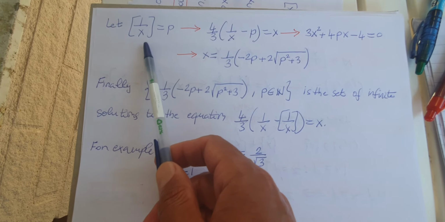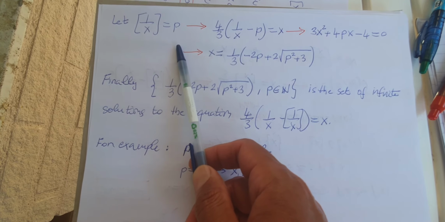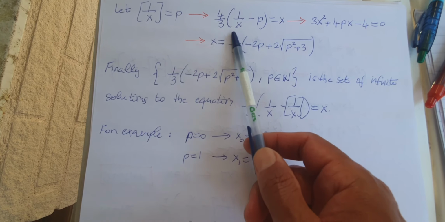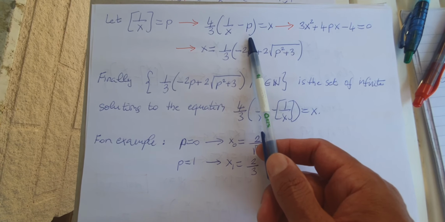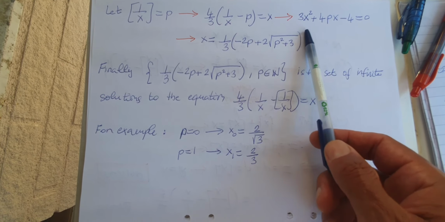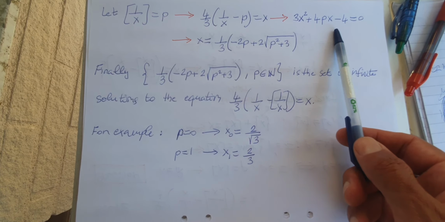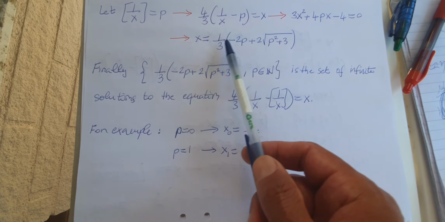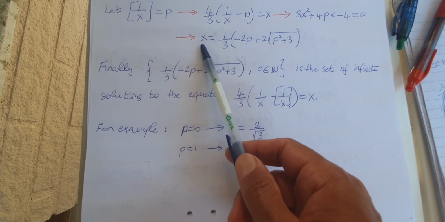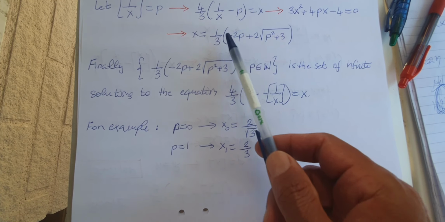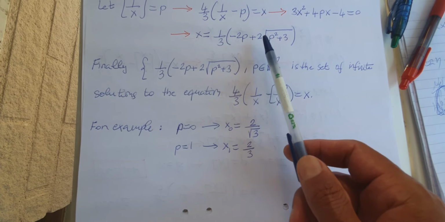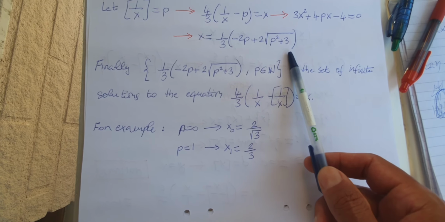By letting the integer part of 1 over x equal to p, the equation becomes like this. Then simplifying or rewriting, we get an equation of the second degree, which we can solve, and we get the solutions like this: x is equal to 1/3 times (-2p plus 2 square root of p squared plus 3).